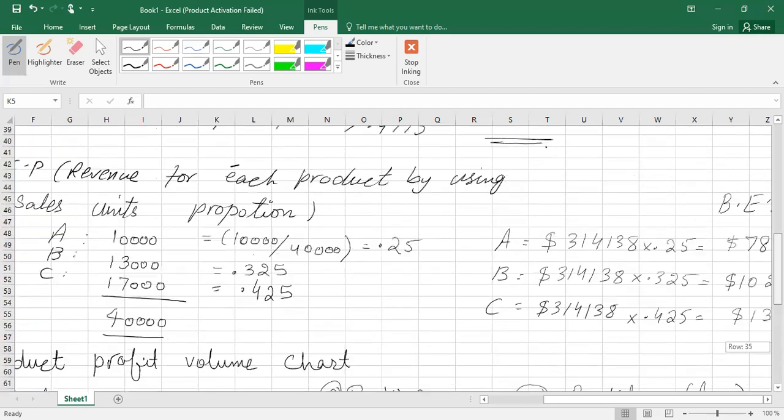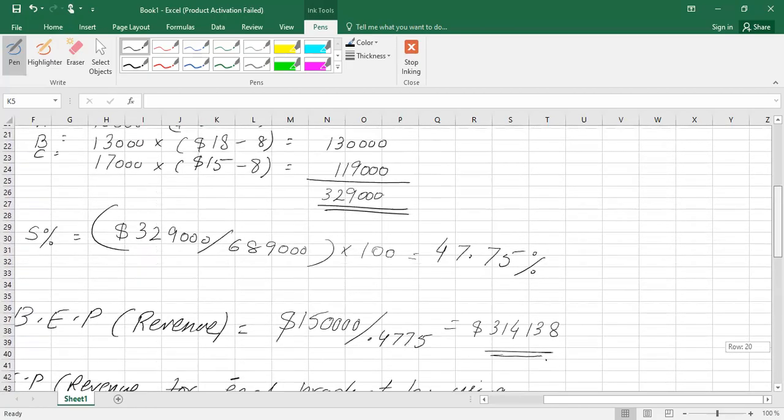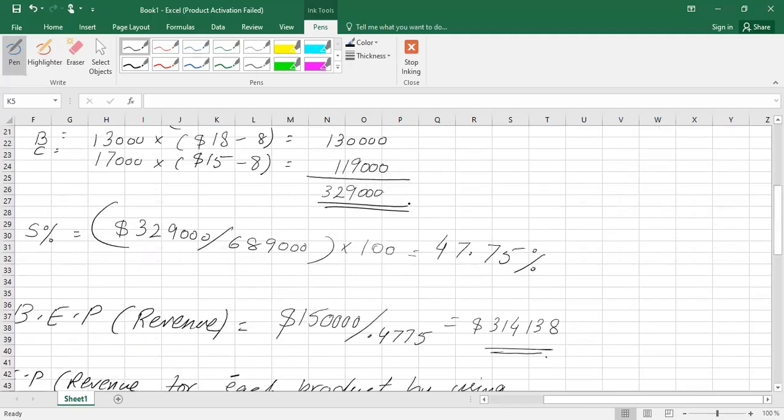If you want to verify whether we calculated the correct profit or not, you have total contribution of 329,000 and total fixed cost of 150,000. If you deduct 150,000 from 329,000, the answer will be the same, 179,000.